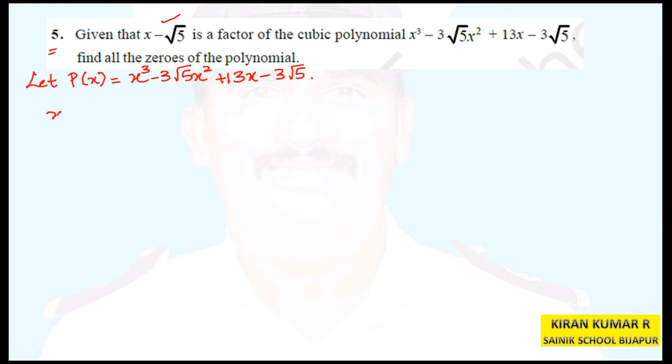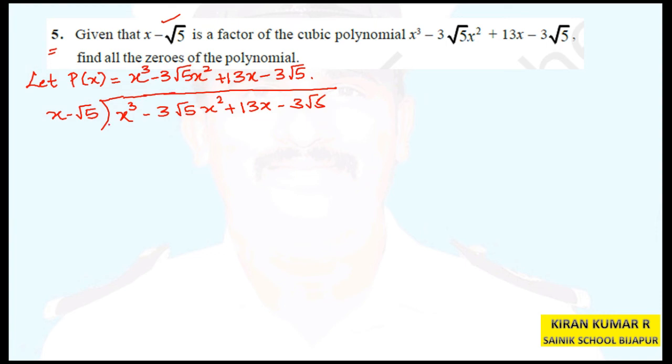So x minus root 5 is the divisor. Divide x cube minus 3 root 5 x square plus 13x minus 3 root 5. We have to each time check the coefficient and multiply accordingly.